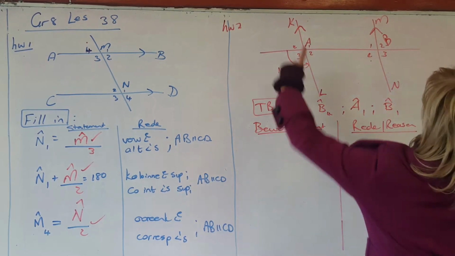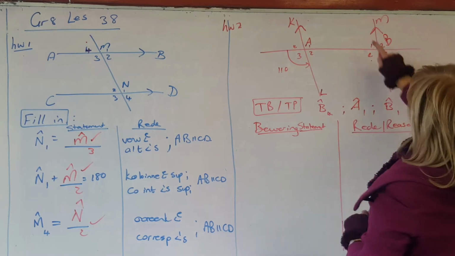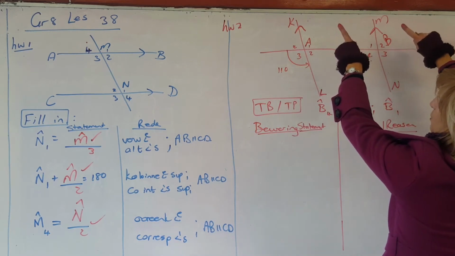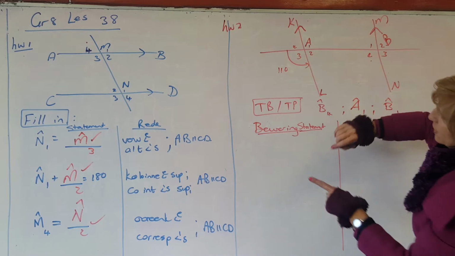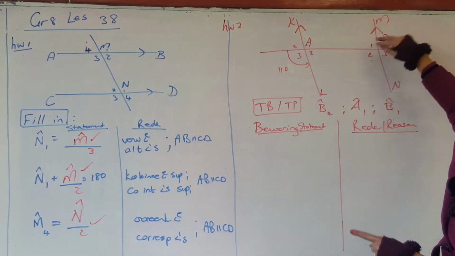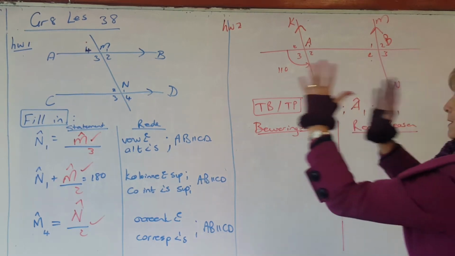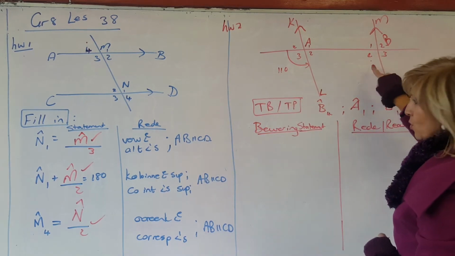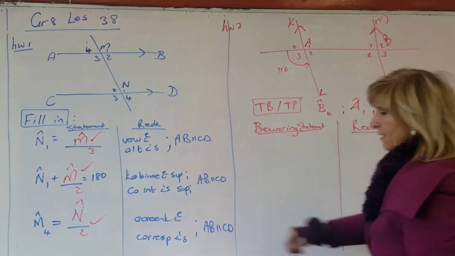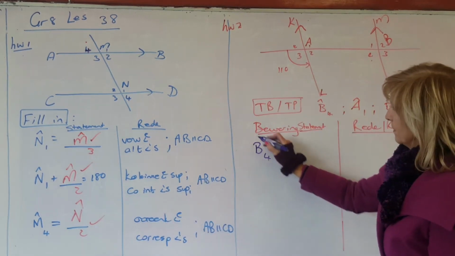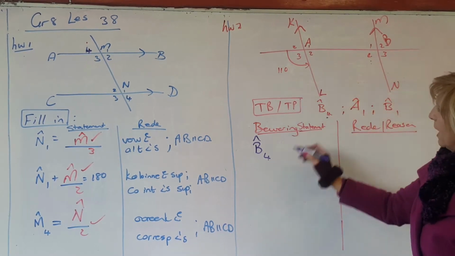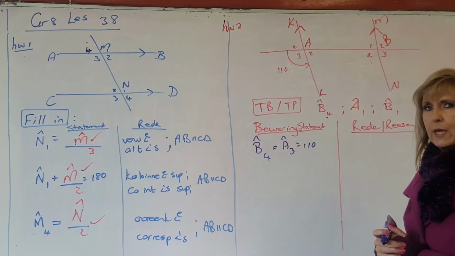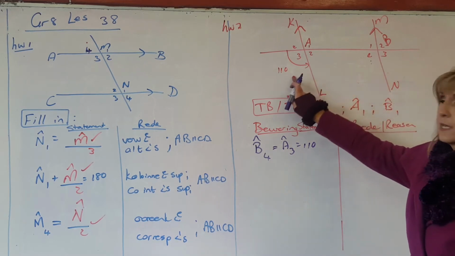You can just go like this and say left, top and bottom, right, top and bottom, left. Or if you want to do it this way, left, right, left, right. You can turn your head around like this, as long as you do the same here as you do there. Okay, so this one, if I look like this, is bottom left and it is also bottom left. So therefore B4, the question I'm asking, would be equal to A3, which is 110. Now, you don't have to write there, but I think it is a very good way of doing maths to say, I found the connection between those two.